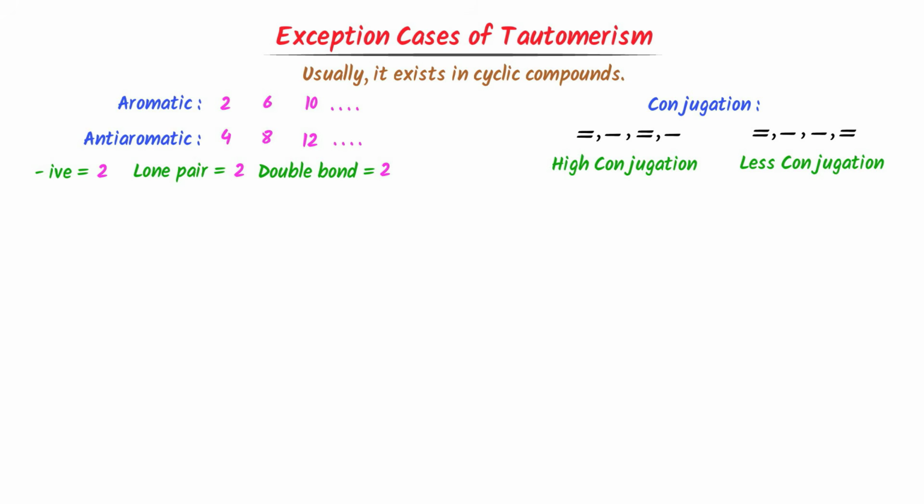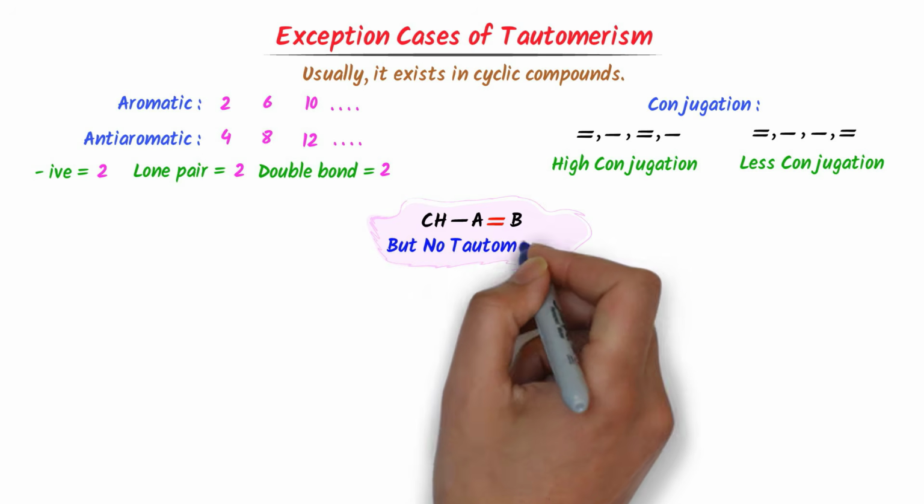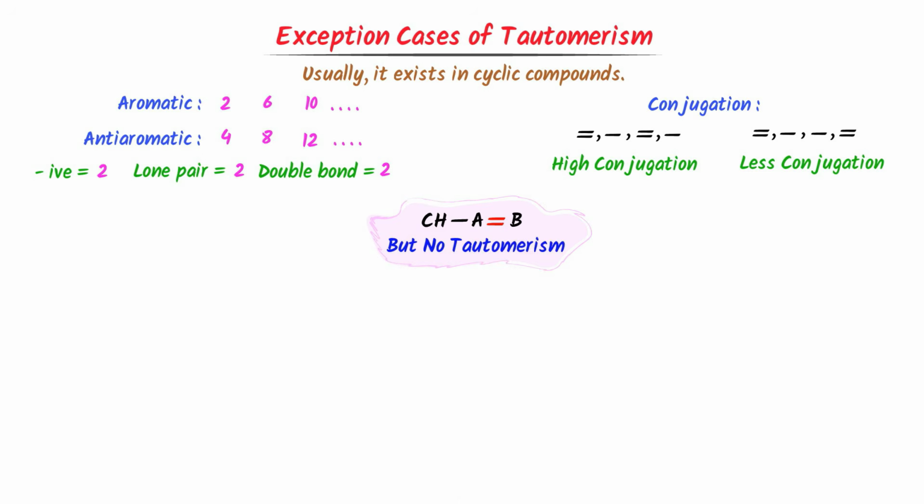The first exception case is CH single bond A double bonded to B. Here, this condition exists, but tautomerism is not exhibited by the compound. For example, consider this organic compound. Firstly, I write CH, C and CH2.